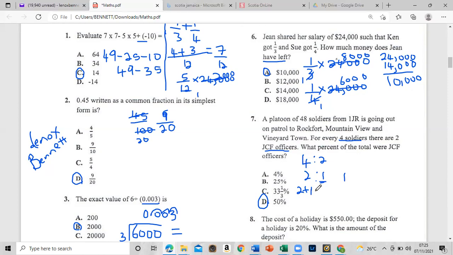So for the JCF, it will be 1 out of 3 times the total, which is 48. And then 3 into 48, 3 into 4, 1, I'll put this here, so that's 16. So just in case they had asked how many soldiers versus police, 16 police, and then the number of soldiers will double it. So that's 32. And this is 48.